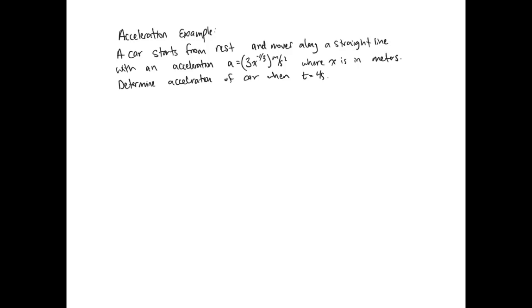So I'm actually going to start off by showing you what not to do. It's very common for students to say, oh, well, I know acceleration is equal to dv over dt. So then they plug in 3x to the negative 1/3 is equal to dv over dt. They move the dt up here: 3x to the negative 1/3 times dt is equal to dv.